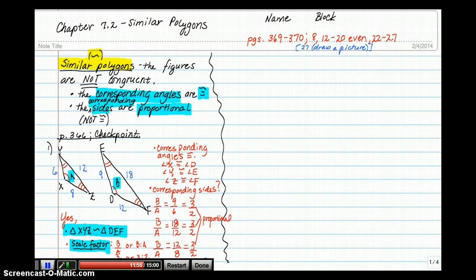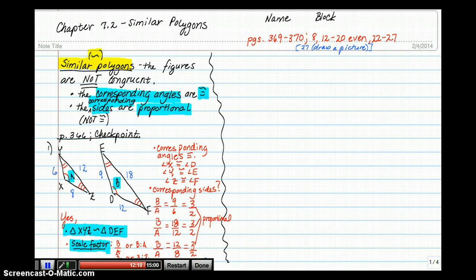Now, number 8 does not require any work. It does have a fair number of answers, though, and I am going to strongly recommend that you draw the pictures that are given to you, because then the problems will make more sense when you're doing homework and quizzes. So number 8 tells you that triangle PQR is similar to triangle DEF.